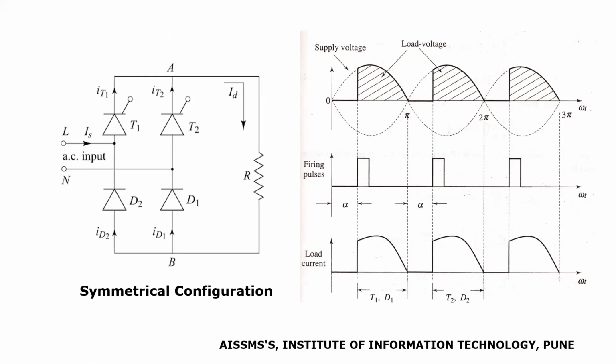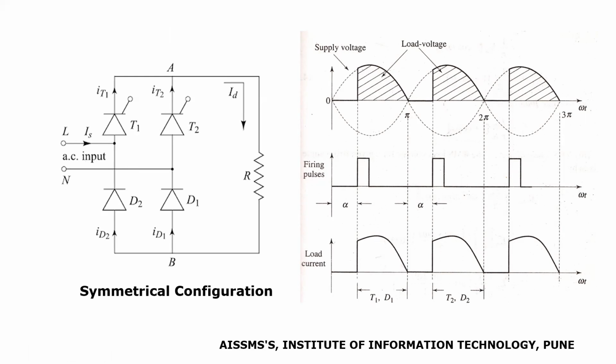A circuit diagram of symmetrical semi-controlled converter is shown here. The input supply connected is a AC supply, and at the output terminals of a converter a resistive load is connected. The input voltage waveforms, output voltage waveforms, triggering pulses applied to the thyristors, and the waveforms of load current are shown here.